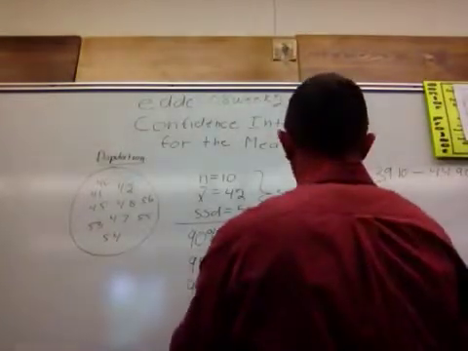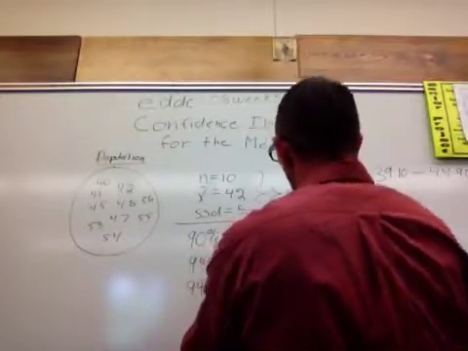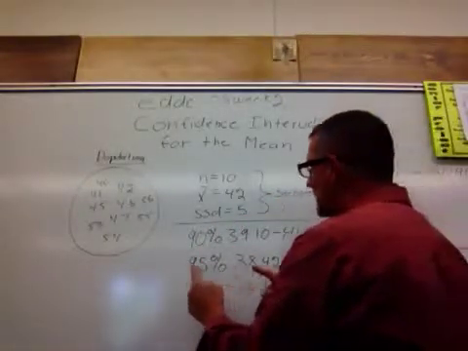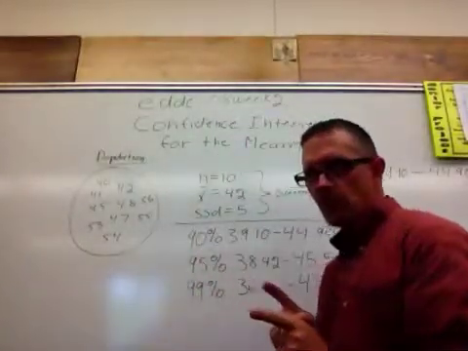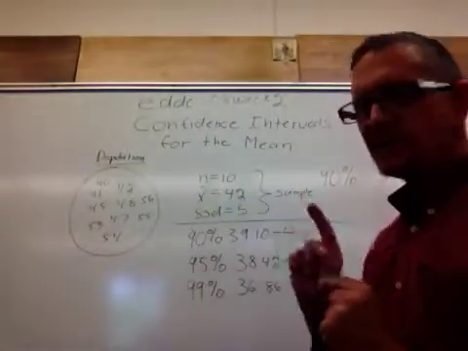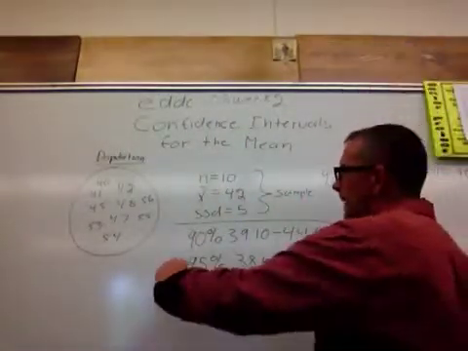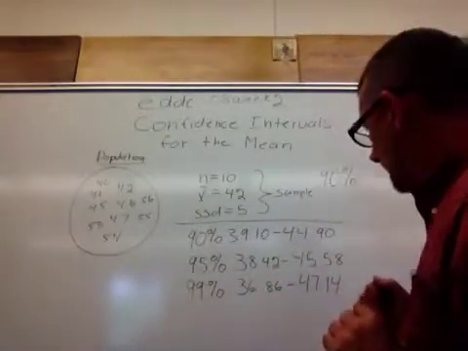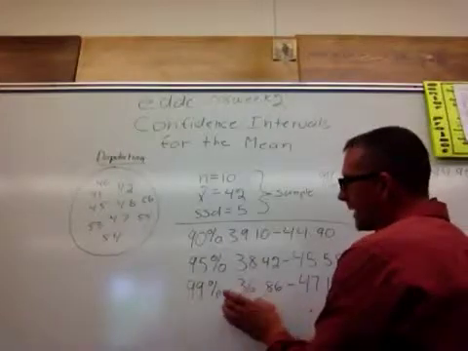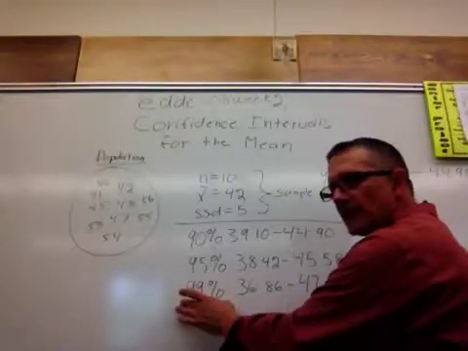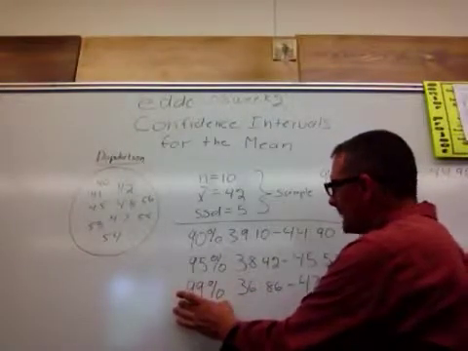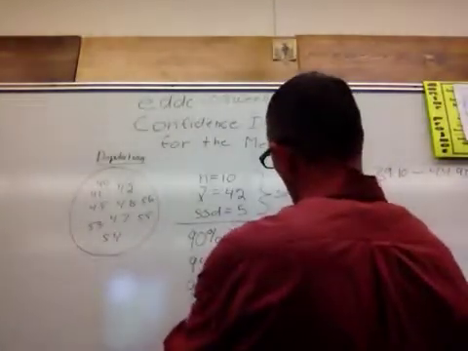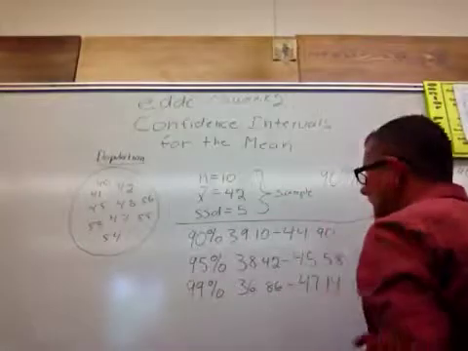Now, I get another interval, which is 38.42 to 45.58, and I can be 95% sure that the population mean is within that interval. I can also get a 99% confidence interval, which tells me I'm 99% sure that the population mean lies between 36.86 and 47.14.